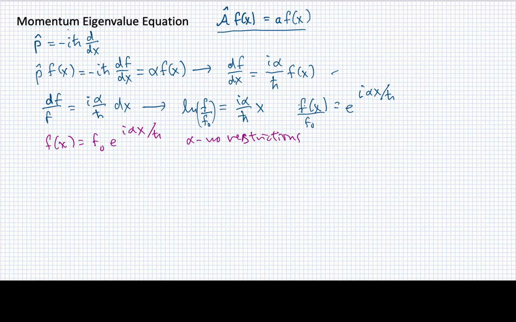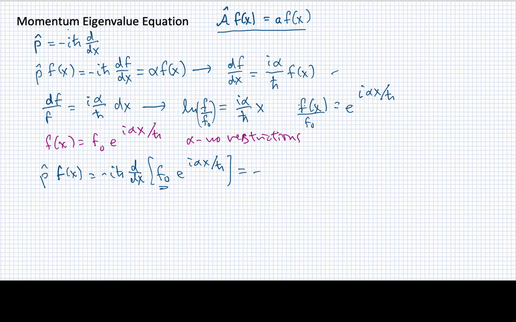Now we can demonstrate that this in fact is an eigenfunction by going ahead and applying the momentum operator to f of x. So minus i h bar d/dx operating on f0 times e to the i alpha x over h bar. The differential won't have any effect on f0, so it will come out front.